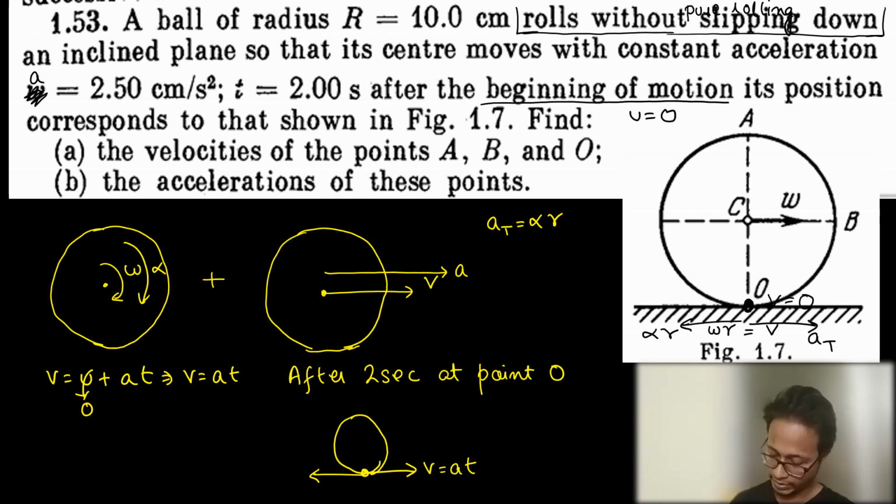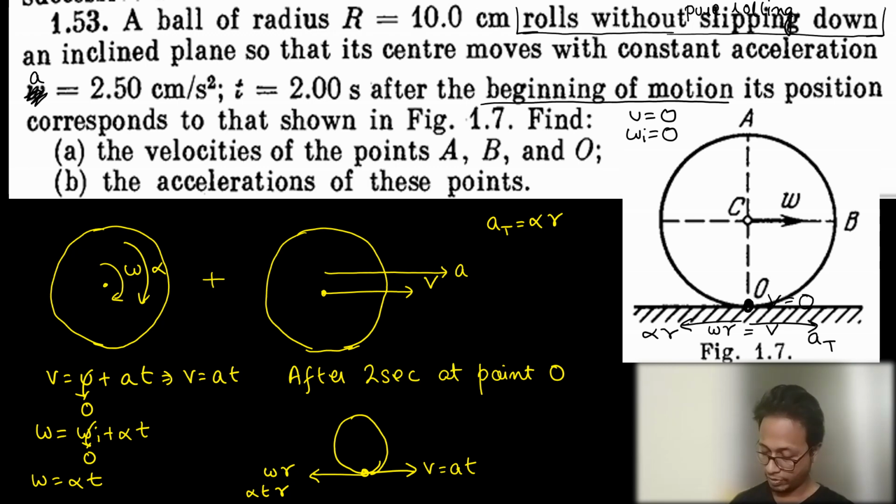Similarly, you can write omega is equal to omega initial plus alpha into t. Omega initial is equal to 0 because at the beginning of motion, omega initial is 0. So omega after 2 seconds will be equal to alpha t. So v is equal to at, or omega into r, or alpha into t into r. So the velocity at point O is always equal to 0. This much is understood.